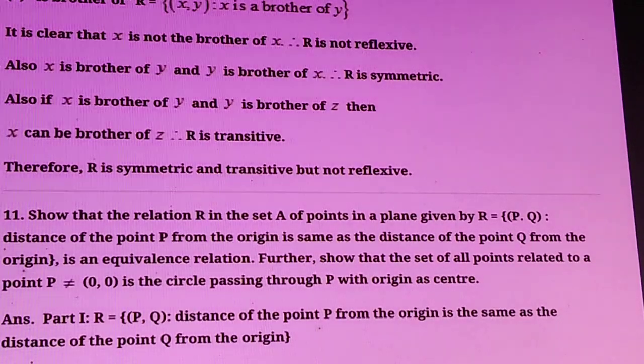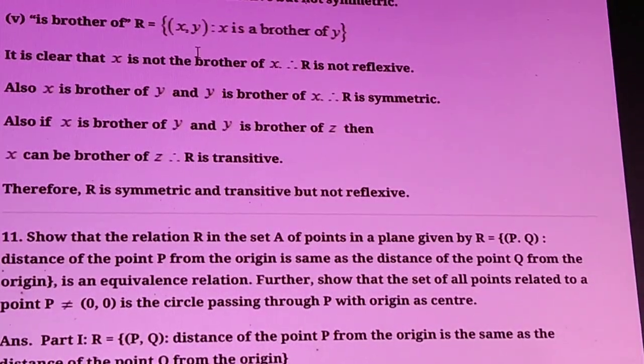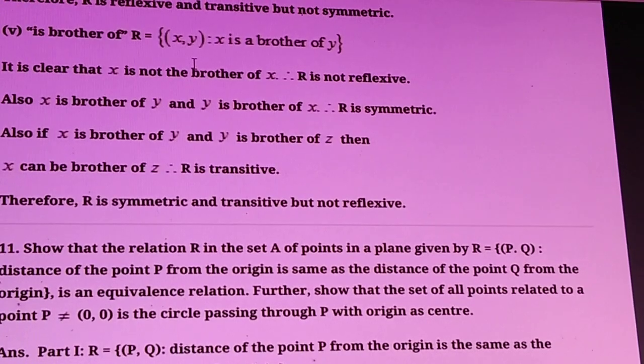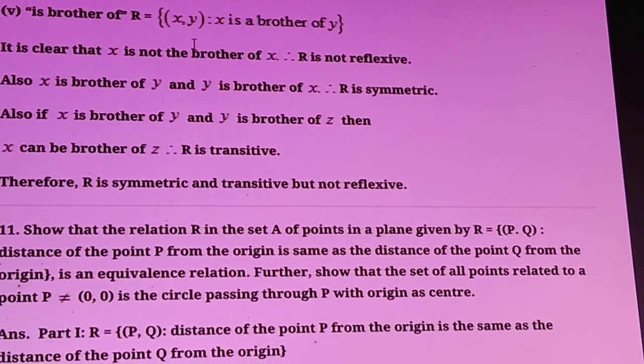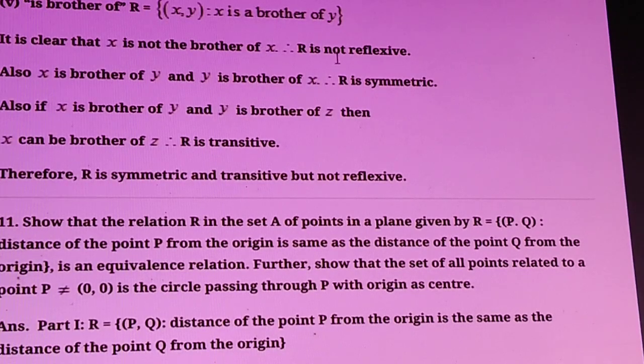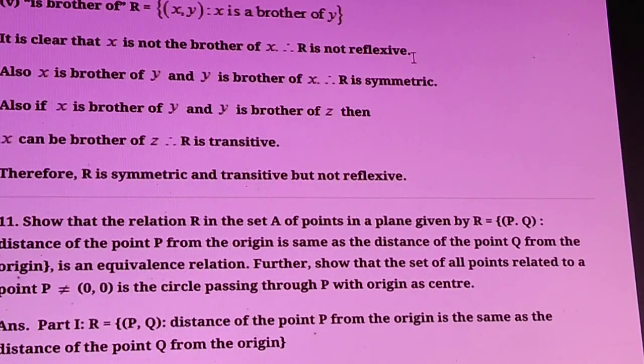Now consider the fifth one, is brother of. R is equal to (x, y) such that x is a brother of y. It is clear that x is not the brother of x. Therefore, R is not reflexive.